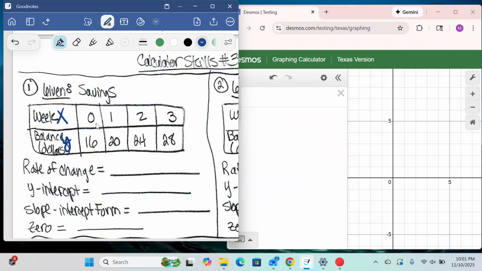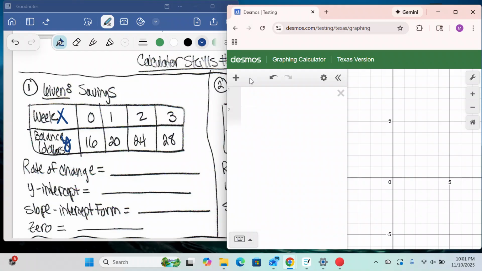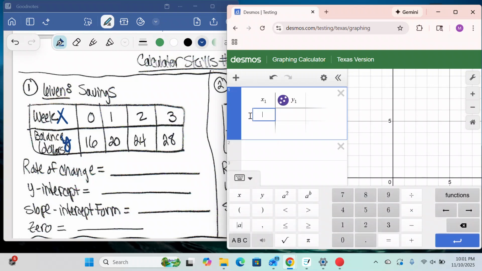So we're going to input this table. We're going to treat it as x and y ordered pairs. I'm going to get on my Desmos, and you can Google the Desmos graphing calculator, or you can download the app. Right here, we're going to click on table, and then I'm going to input the values. When x is 0, y is 16.